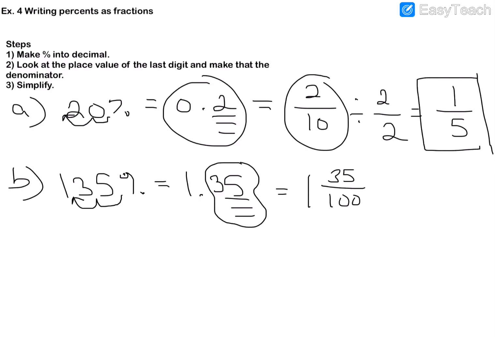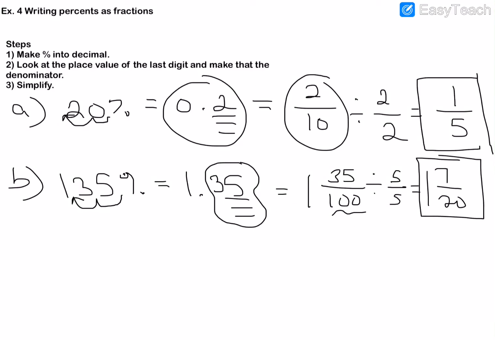So that is why you write it as a fraction, 35 hundredths. But don't forget your 1. You need to simplify this part though. I'm going to divide it by 5. 35 divided by 5 is 7, and 100 divided by 5 is 20. Don't forget your 1. 1 and 7/20 is 135%.